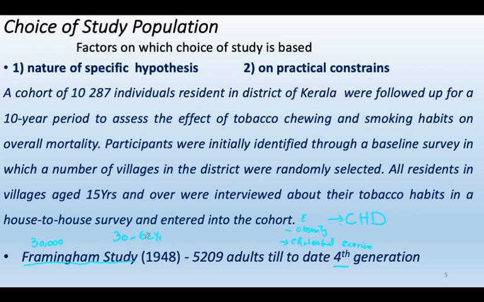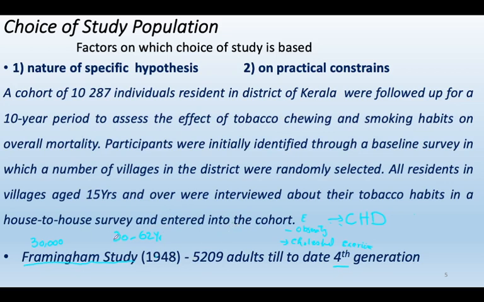They enrolled male and female individuals between 30 and 62 years of age, with the reason that the incidence of coronary heart disease is low among individuals less than 30 years of age, and the people suffering from coronary heart disease above 62 years are already influenced by certain other parameters, and they may not be followed for the subsequent decades.